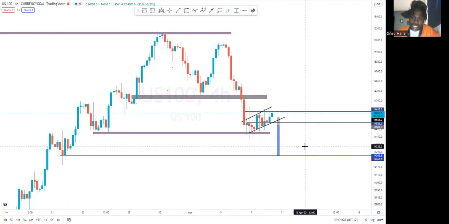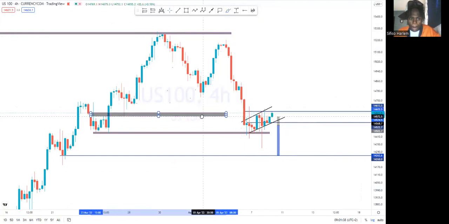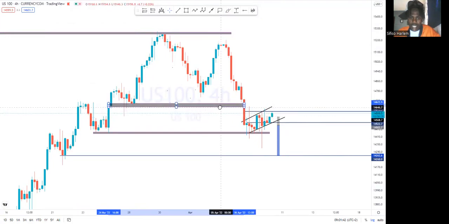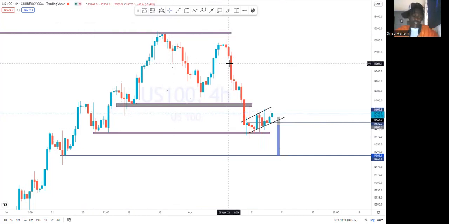Now I just want to see how price reacts from the level which it broke. I feel like I need to move this level to here to cater for this level. I believe that's the more important one right there. But yeah, let's look at the hour.